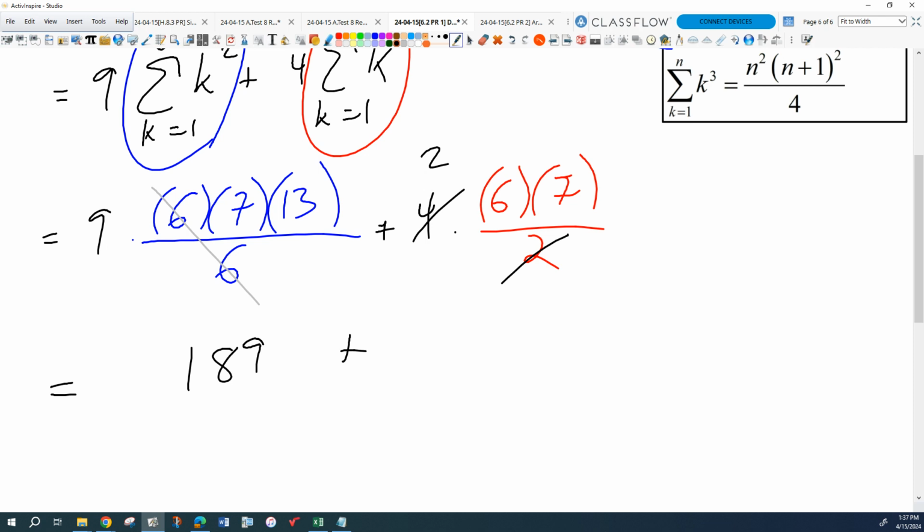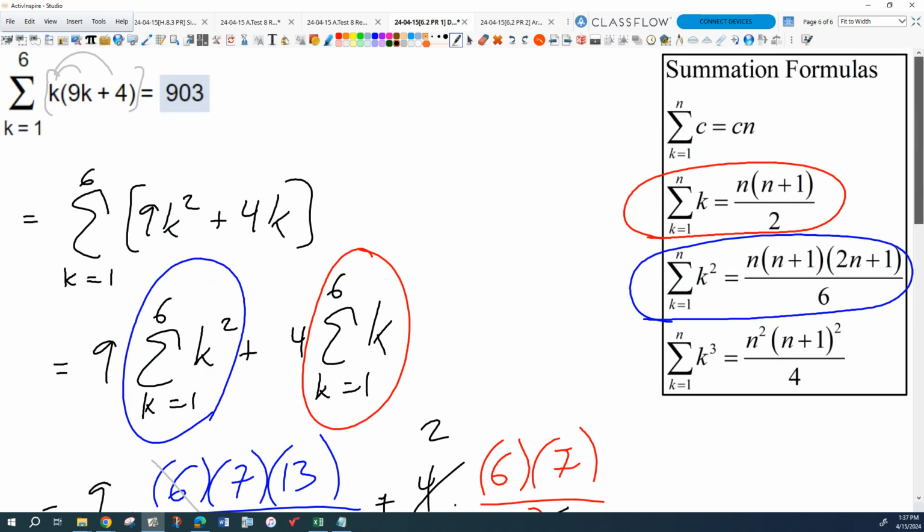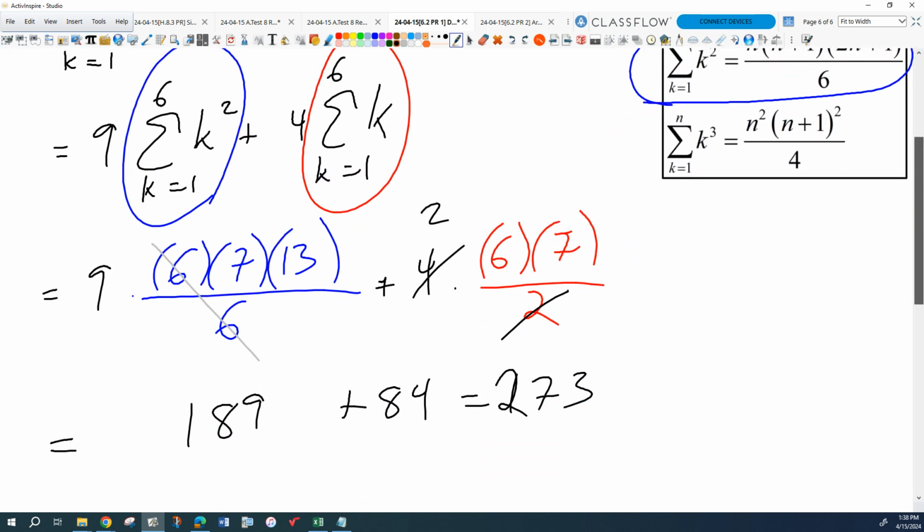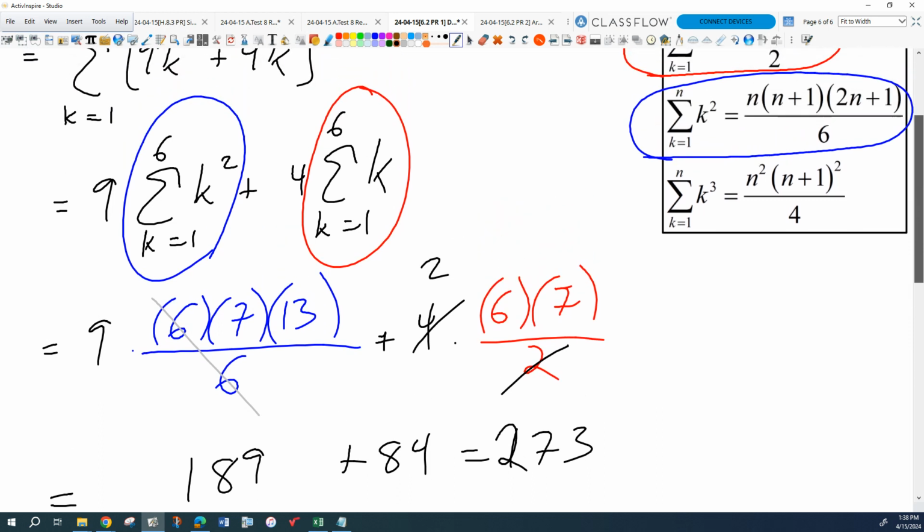And I just get 2 times 42 is 84. And so that's going to give me 173. Is that right? 273. Right? 273. Is that what we're supposed to get? What the heck? Why did we get something so far off? I just did it.